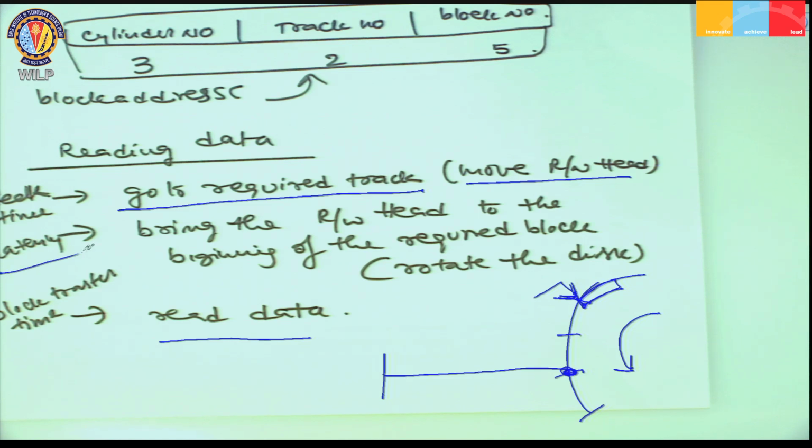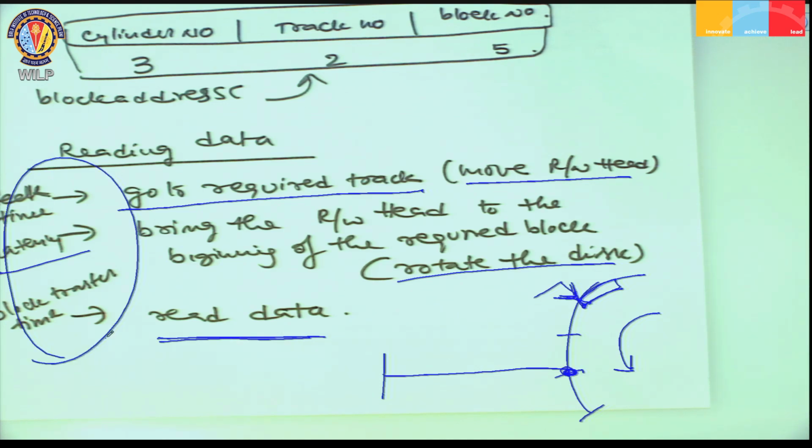The second component is rotation delay or latency, which is bringing the read write head to the beginning of the required block by rotating the disk. Next, after reaching the beginning, we start reading the data from that block. Hence transferring data from hard disk to RAM involves these three components.